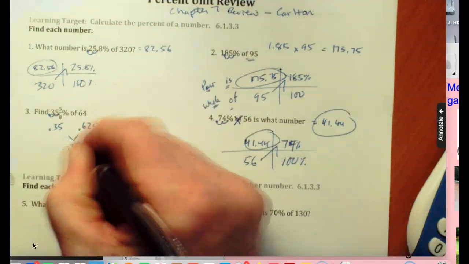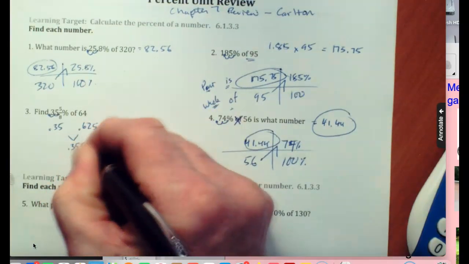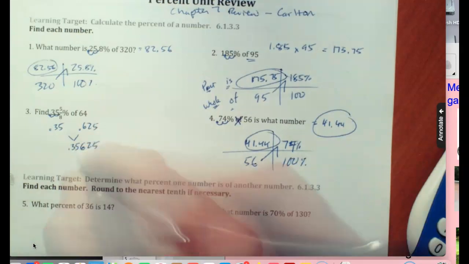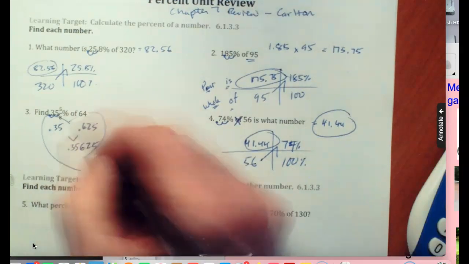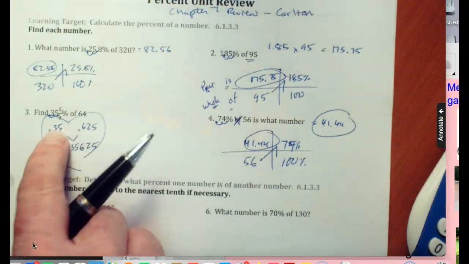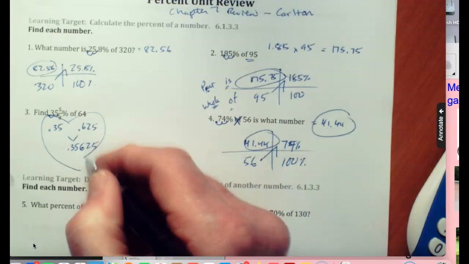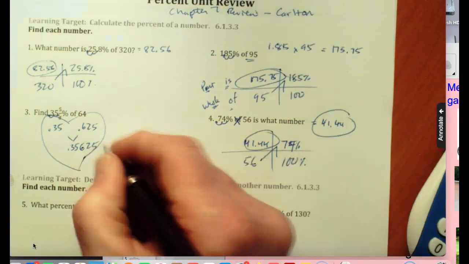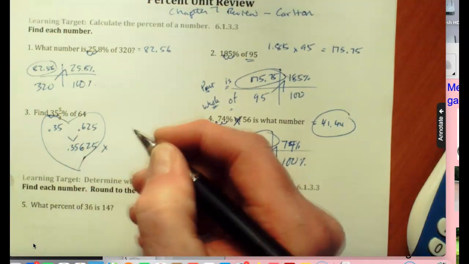There's your 35%, and here's the 625. Here's the extra. The Dudley kids, I kind of teach them how to do that with a heart. Each lobe of the heart has one of these. You make them into decimals, and when they come together and you drop that second decimal, you've got that number there. So we'll just take that times 64.